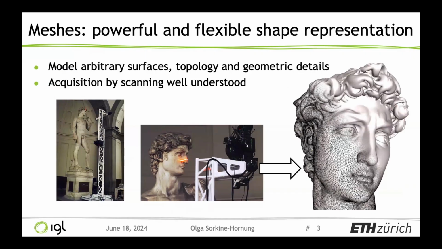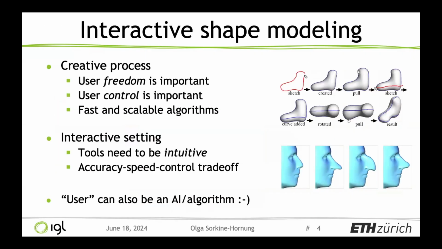But meshes, as you all probably know, are not the most simple representation for doing something with the shape later, such as editing it, animating it, and so on. Because meshes don't have built-in mechanisms for deformations and other modifications. So here's where algorithms come in.